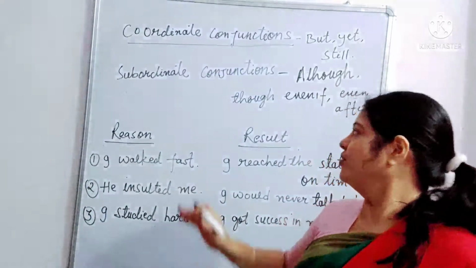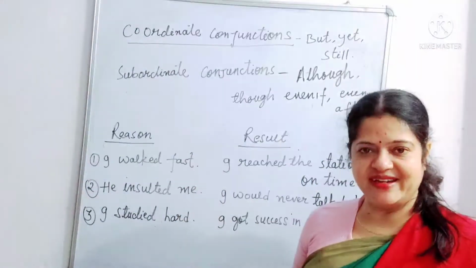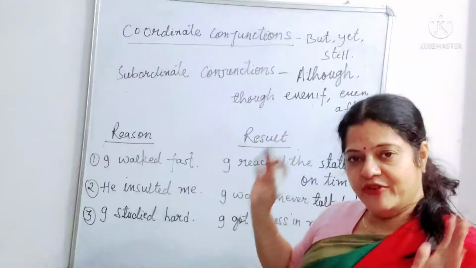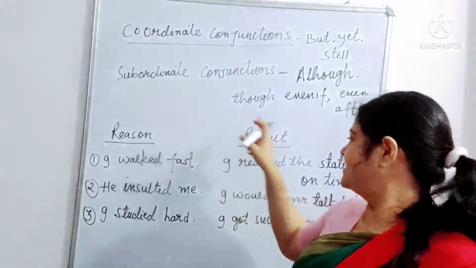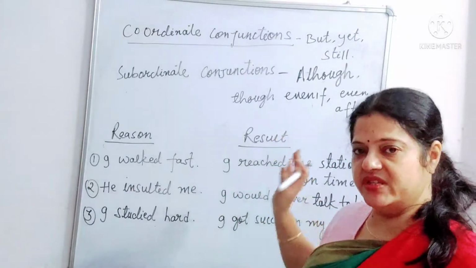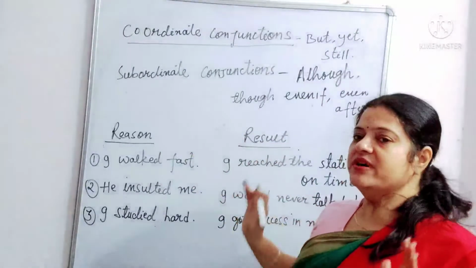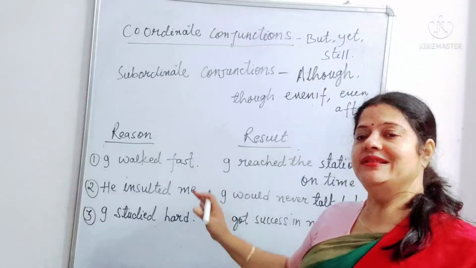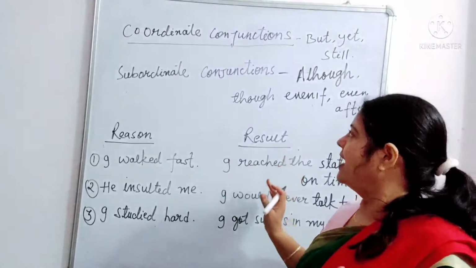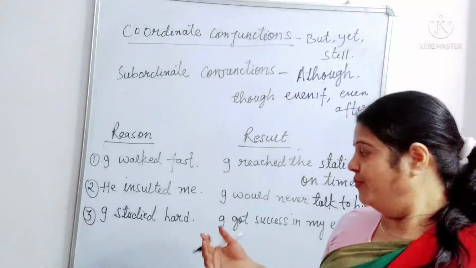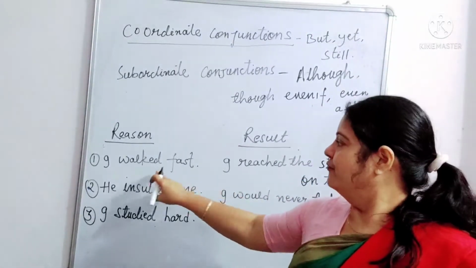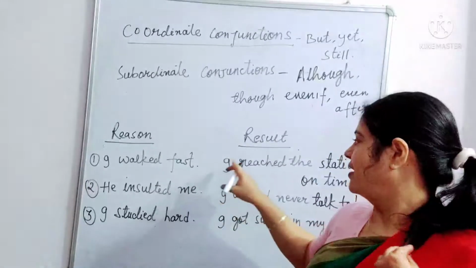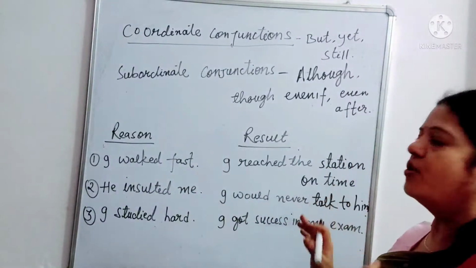So here on the board you can see that I have written three sentences. First sentence is showing reason, and second sentence is showing result. Now try to understand why I have written these three sentences and how I am going to work on them. So first, I walked fast. I reached the station on time.